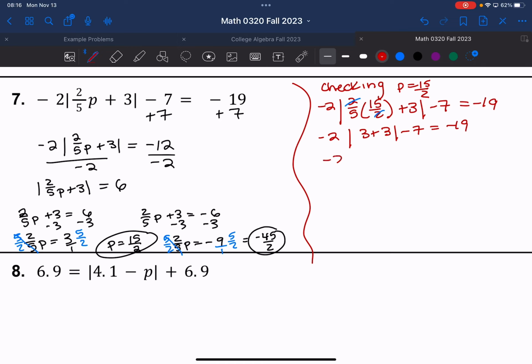Which leaves me with negative 2 times 6 minus 7 equals negative 19, because I had 3 plus 3 inside the absolute value, which gives me 6, and I'm multiplying by that negative 2. So I have negative 12 minus 7 equals negative 19, which gives me negative 19 equals negative 19. True or false? True, so that means p equals 15 halves is indeed a correct answer.